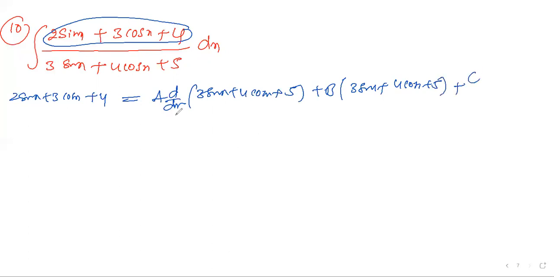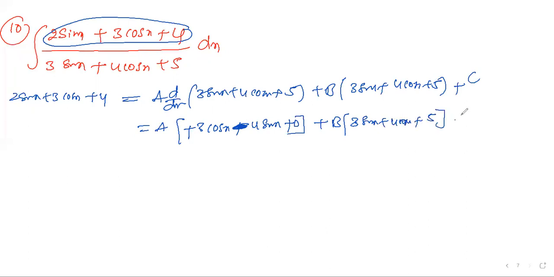If you do the derivative, A into 3 sin x, derivative of sin x is cos x, right? Cos x means minus sin x. The derivative of 5 is 0. A left. B you don't want to do, as it is you write plus 5. Now plus C.